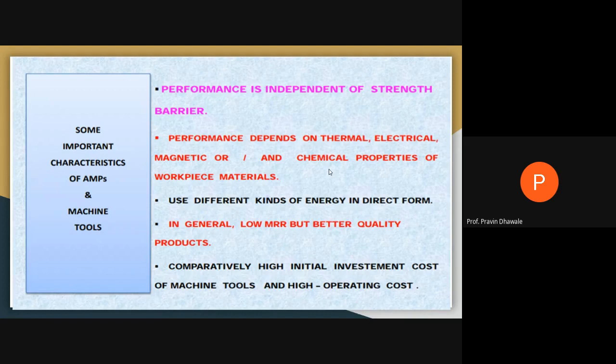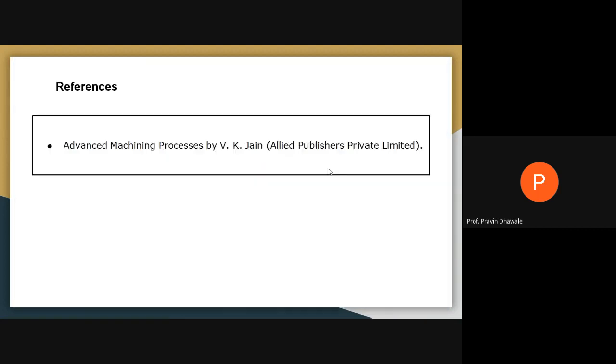So it is all about why we require this non-conventional machining process in the field of engineering, in various applications of engineering. We may refer to Advanced Machining Processes by V.K. Jain, Allied Publishers Private Limited, to form notes on why we need the advanced machining processes.